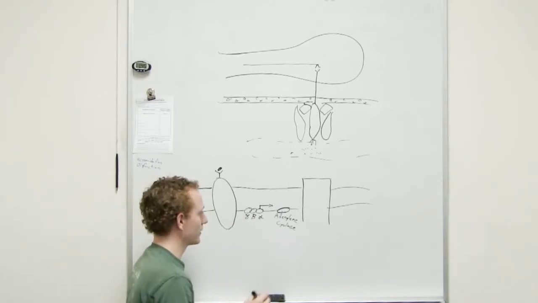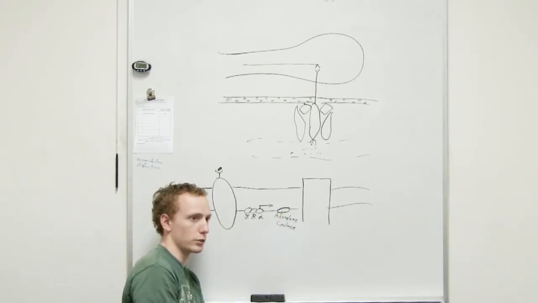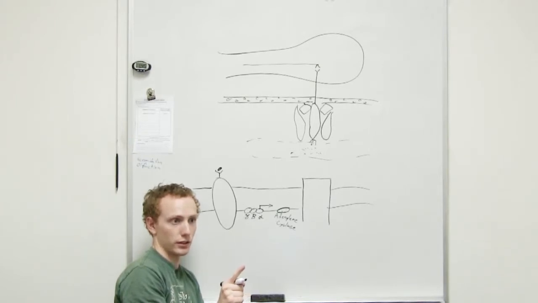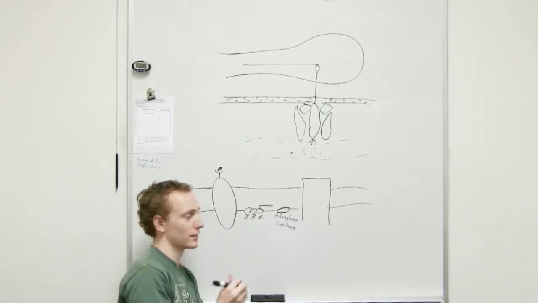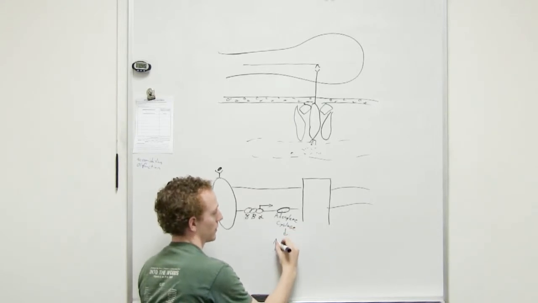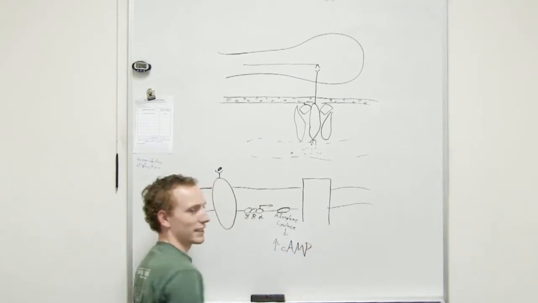Adenylate cyclase. When adenylate cyclase is active, what does that do? It increases the activity of cyclic something. I can't remember. Anyone? Cyclic AMP.